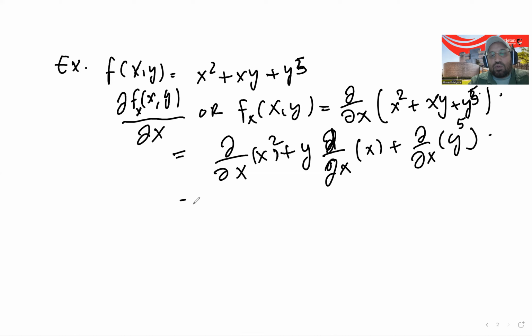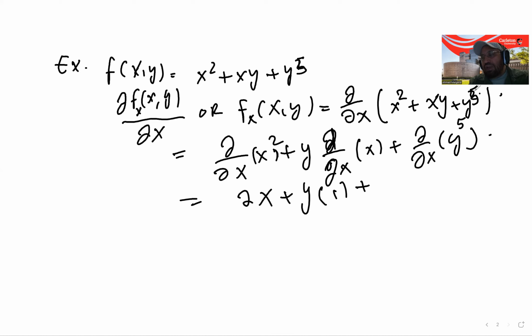Now you apply the rules of derivatives. The partial derivative of x squared is 2x, plus y times the partial derivative of x with respect to x, which is 1, and then plus the partial derivative of y to the power of 5 with respect to x, which is 0 because we don't have any x here.